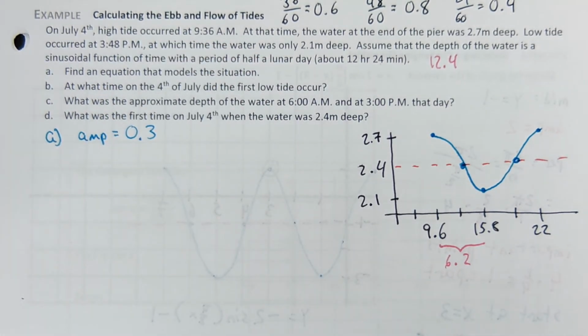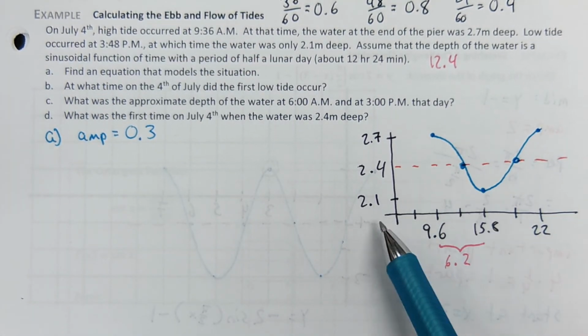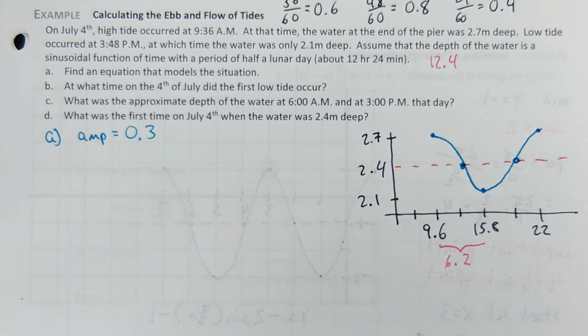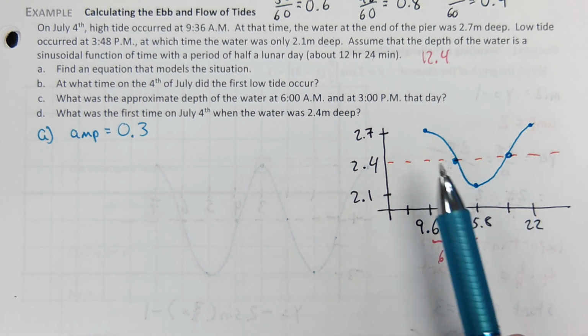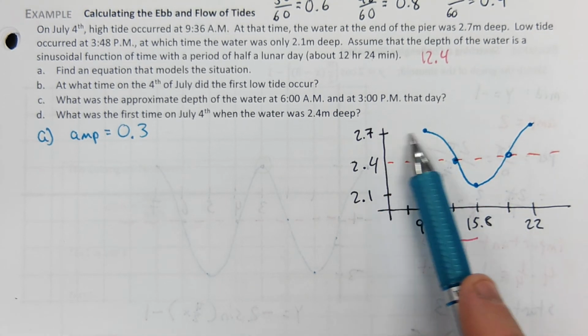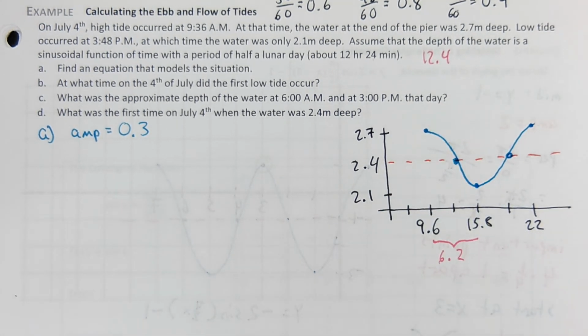We've already said that our midline is 2.4. We know the period length. We don't know B. We need to figure out what B is. Also, this positive cosine wave has been phase shifted. It should have started on the y-axis, but it didn't. It's been shifted 9.6 units to the right, because that maximum should have been on the y-axis.